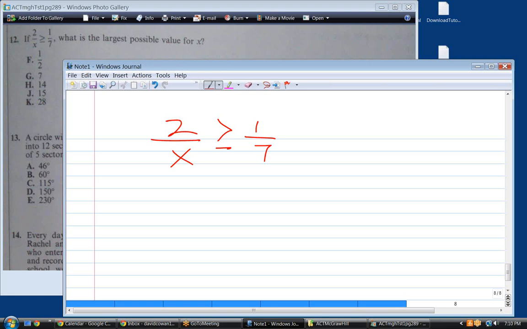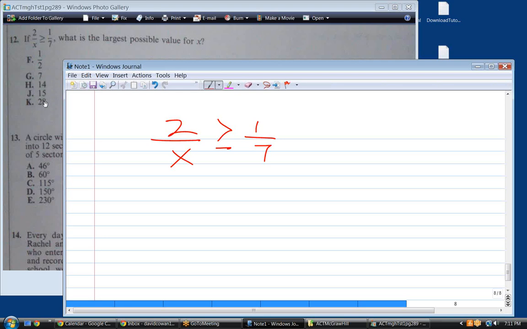But what I can definitely do is back solve it. What is the largest possible value for x that makes this true? Well, if I'm going to back solve it, where am I going to start? Start with the largest number. If 7 works, which it does, you still won't know the answer, because maybe 14 works, maybe 15 works.